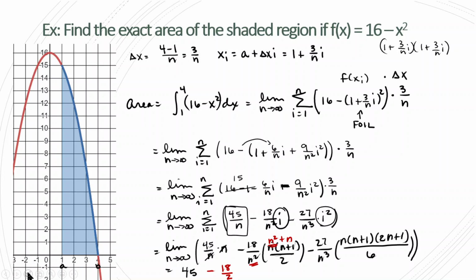In the end term, I have 2n cubed as my leading term with an n cubed, so I end up getting 27 over 6 times 2. So when I add this up, I'm going to get 45 minus 9 minus, let's see, that would be 9. So that final result is 27.